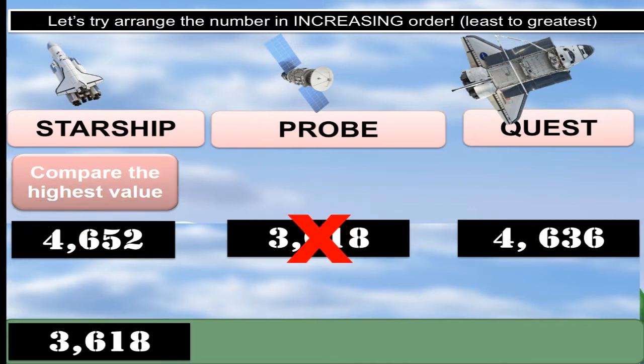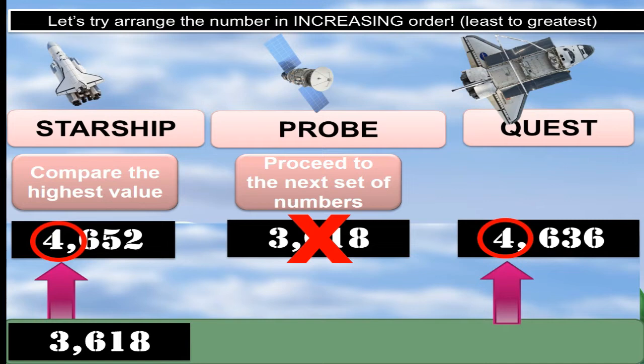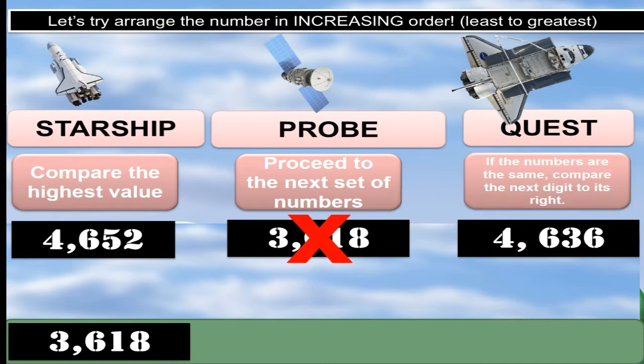After that, step 2, let's proceed to the next set of numbers. So we have 4 and 4. Since they are the same, compare the next digit to its right. So we will compare the next digit, which is in the hundreds place. So that is 6 and 6 again.